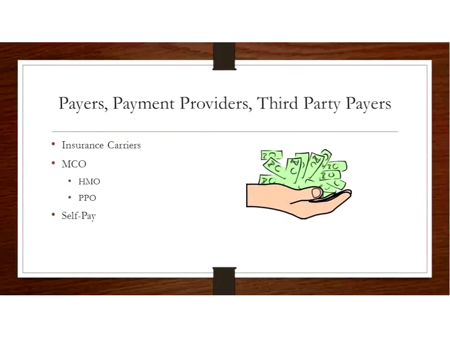So an HMO is a type of managed care organization where your care is going to be provided through select physicians or providers that we call your PCPs, or your primary care physicians. These primary care physicians act as gatekeepers because they're going to manage all care that you will receive outside of the parameters of your primary care.